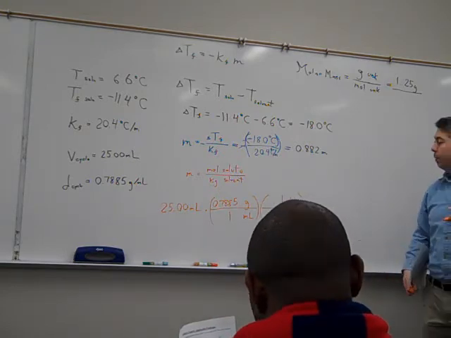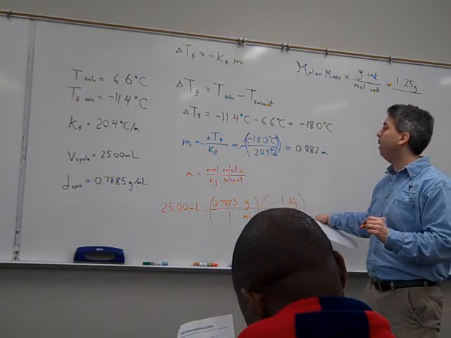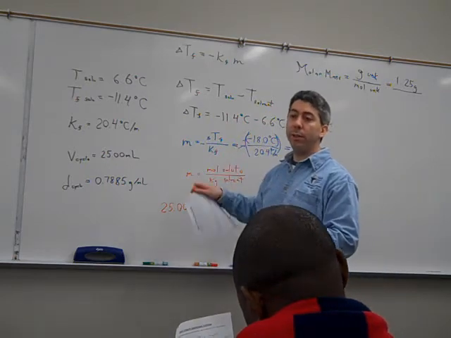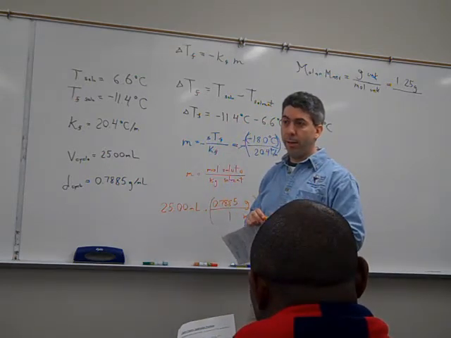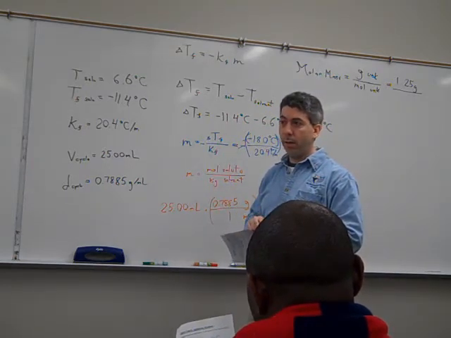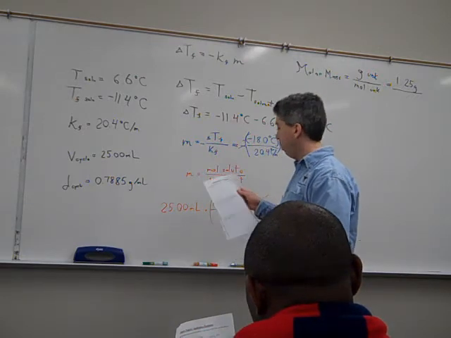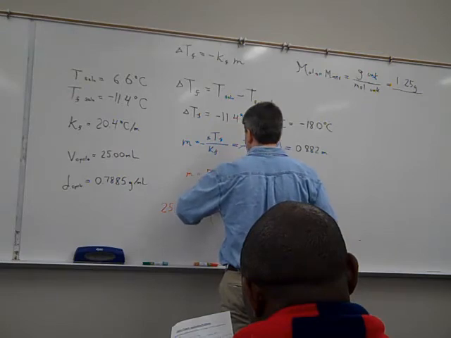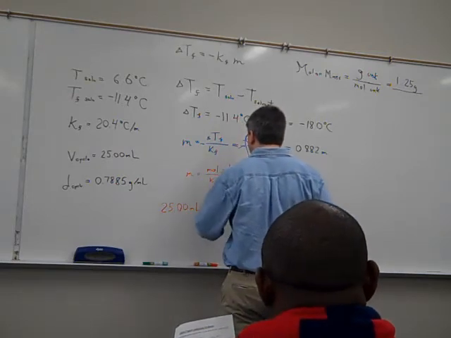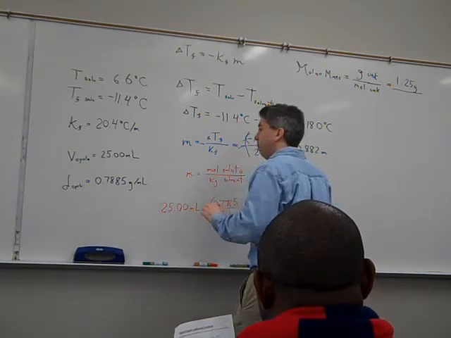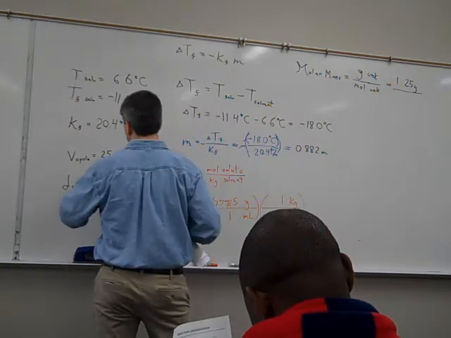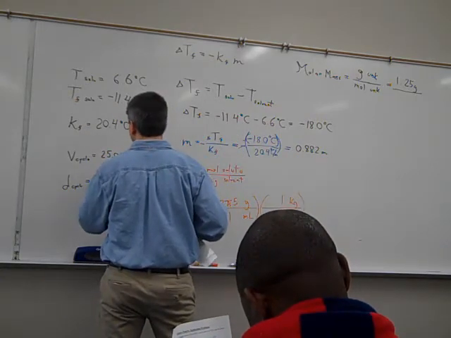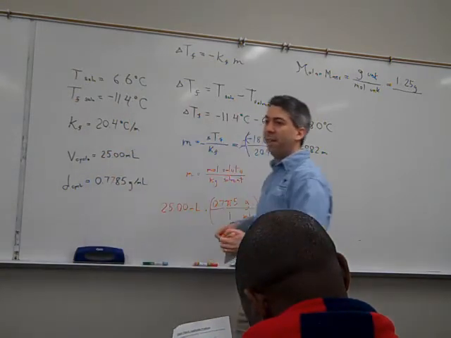I could stop here and plug it all into this equation. Yes? I don't think it makes a difference, but on paper it's 0.7785 density. Oh, 0.7785. Oh, yeah. Sorry. Thank you for pointing that out. One of the most important skills in chemistry is attention to detail. So, good on you.